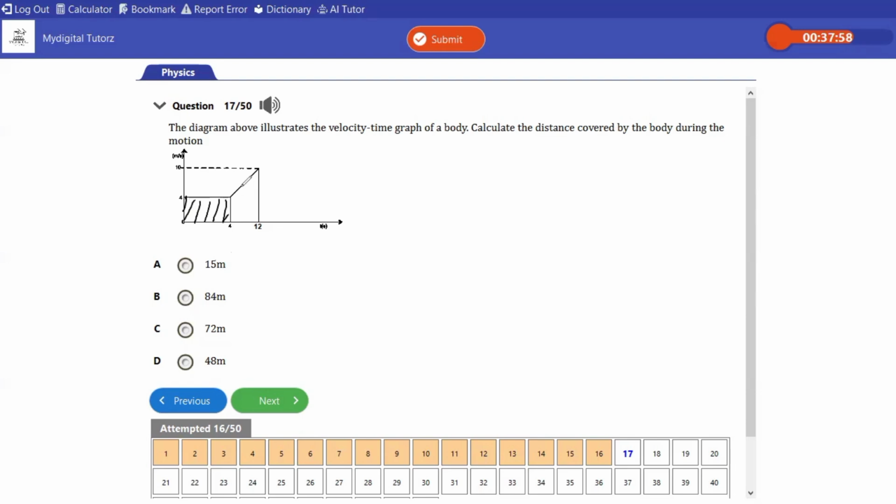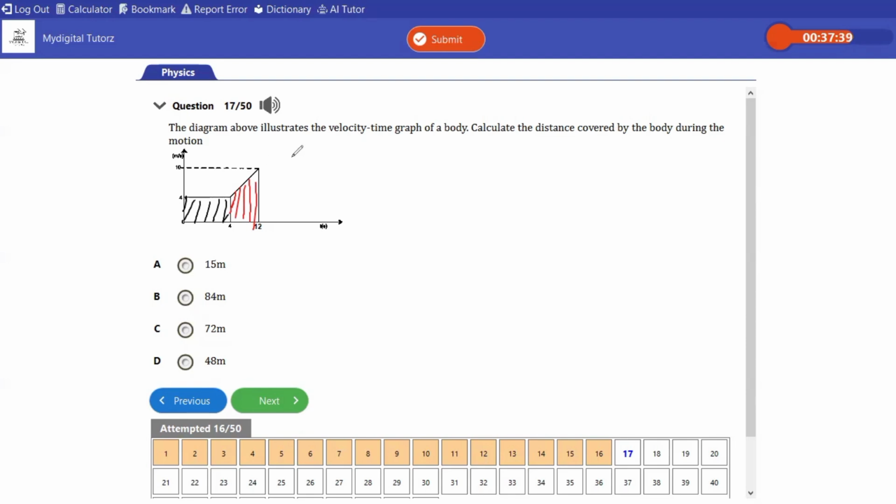This one is the other area, which is a trapezium. So we find the area of the rectangle, find the area of the trapezium, then add them together. That will give you the total area, or the total distance covered by the body during the motion. Are we together?